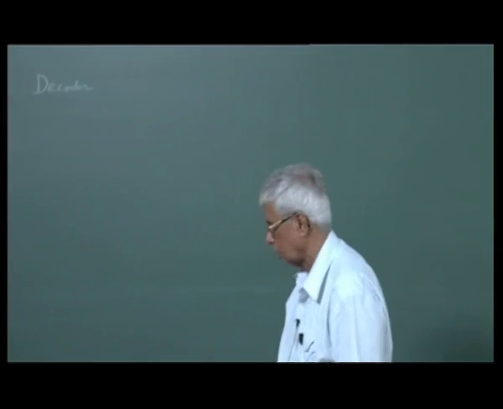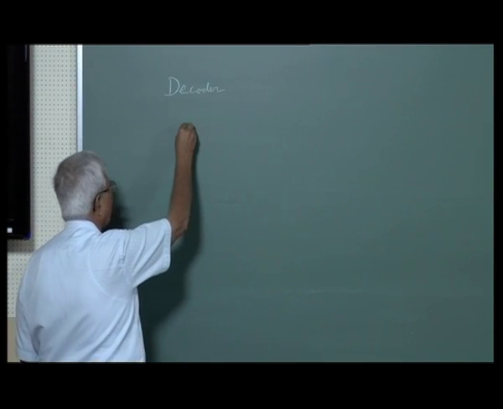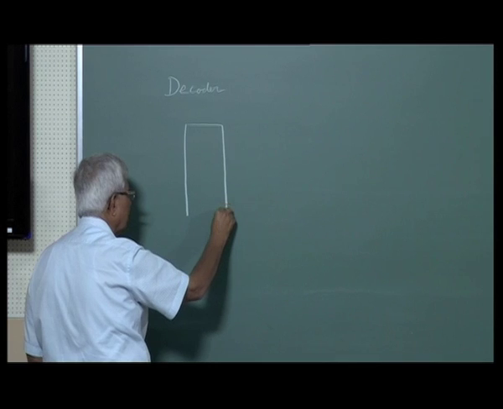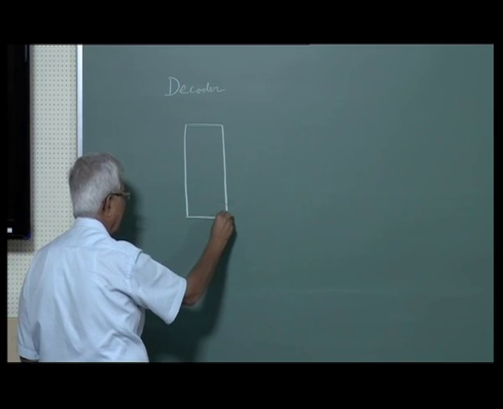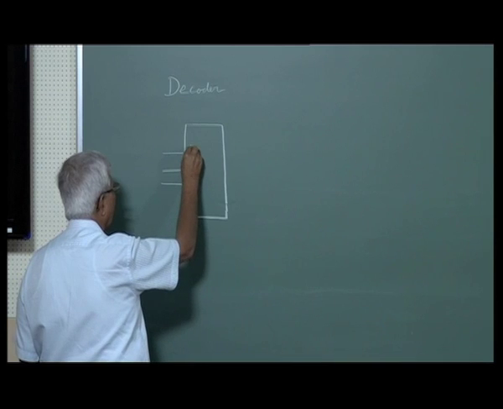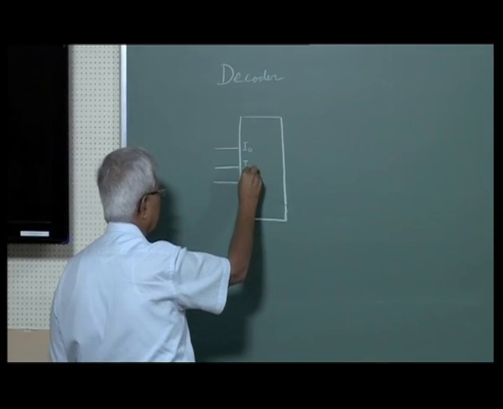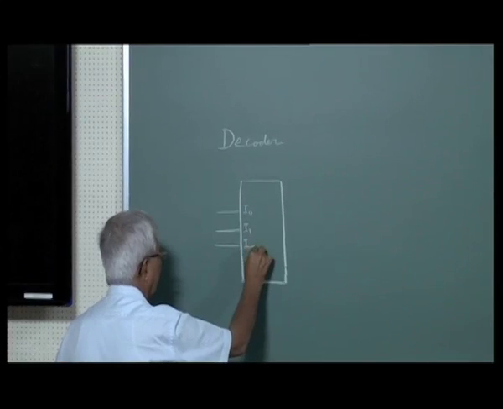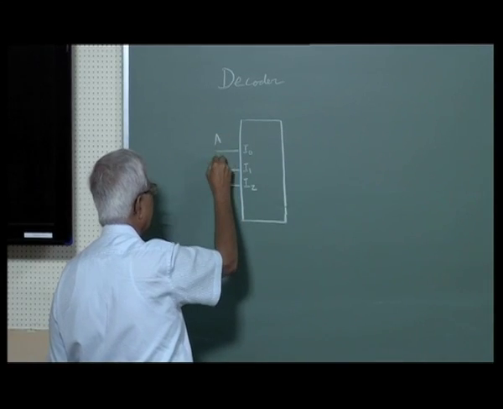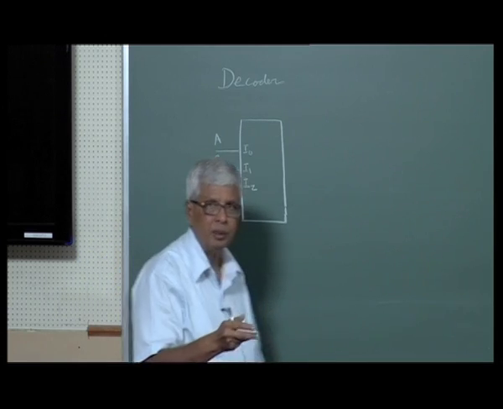What is a decoder? It decodes codes. Suppose I have 3 bits, I0, I1, I2 as 3 inputs. I will call them A, B, C, and there are 8 combinations possible.